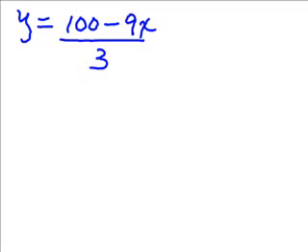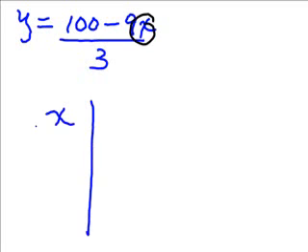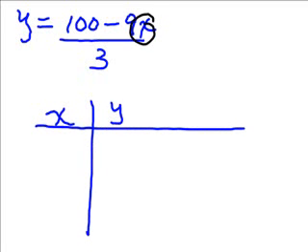And at this point, we're ready to go to our feasibility table. You're going to start with x's, because x is what you're going to be plugging in first. Once you've figured out what x is, you're going to get y.